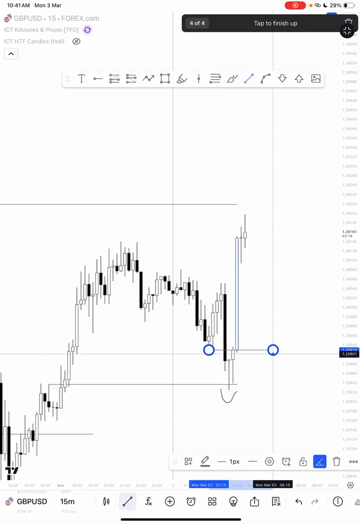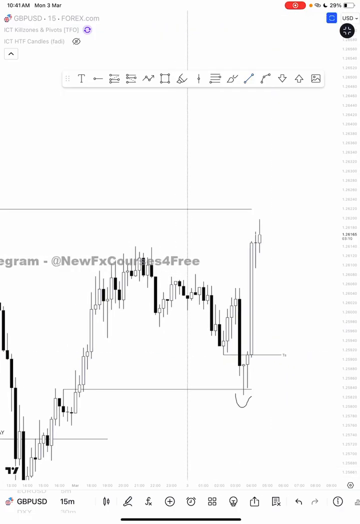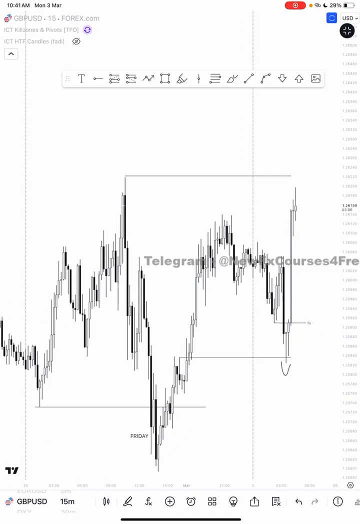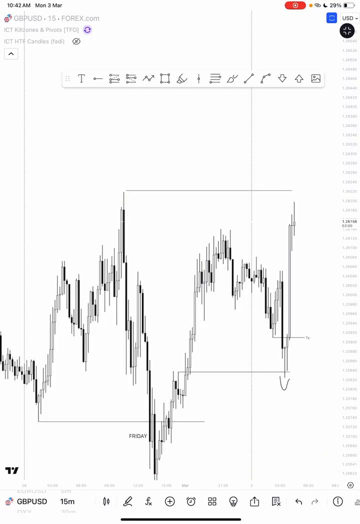So this is your total soup in key level before reaching your final draw on liquidity, which is the previous day's high. So that's how you determine your daily buyers and draw on liquidity.